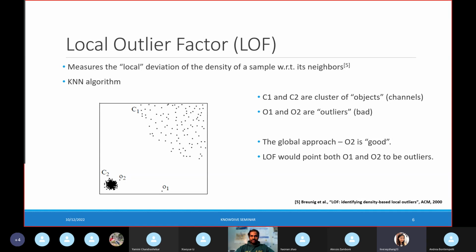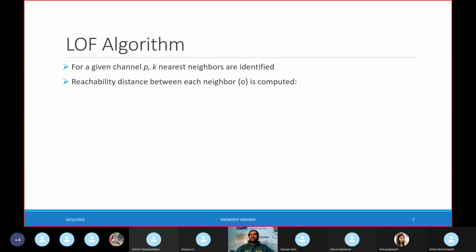So my question is, in this picture, how do you compute this distance between two channels, and what kind of features did you choose? Okay, so there is no feature here. It's just the time series data as it is.